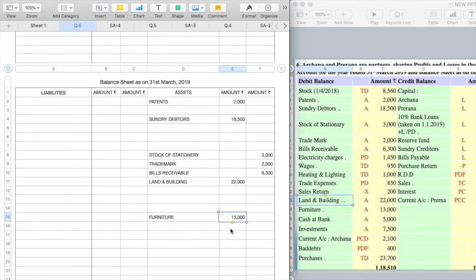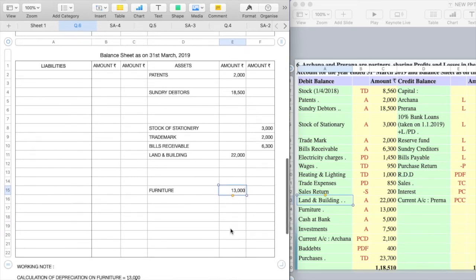As there is only one adjustment of depreciation, the new and old is just information. Then cash at bank, outer column 5,000 as there is no adjustment. Investment, outer column 7,500 as there is no adjustment.